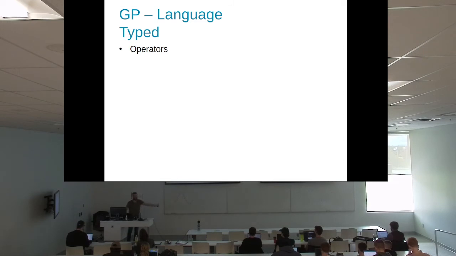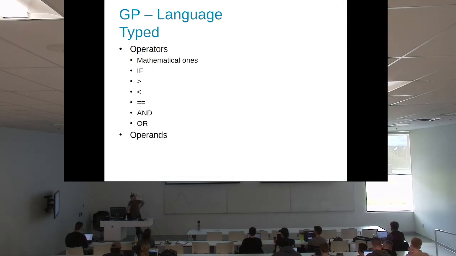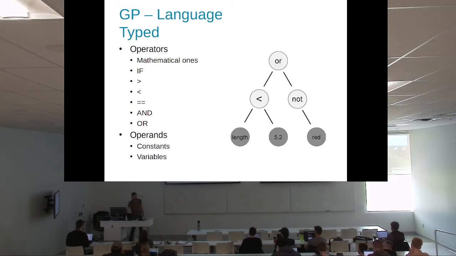So we might have mathematical operators, and maybe we want if, greater than, less than, equal to, and, or. So we've got numbers, we've got the mathematical operators we just talked about, but we've thrown in Boolean ones. The operands could be constants and variables, but the constants, like the variables, will now include different types.